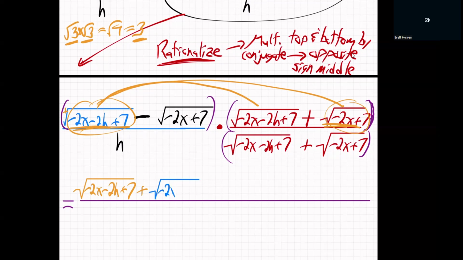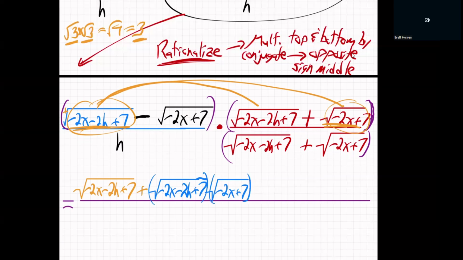Minus 2x minus 2h plus 7 times minus 2x plus 7. They just sit next to each other multiplied.